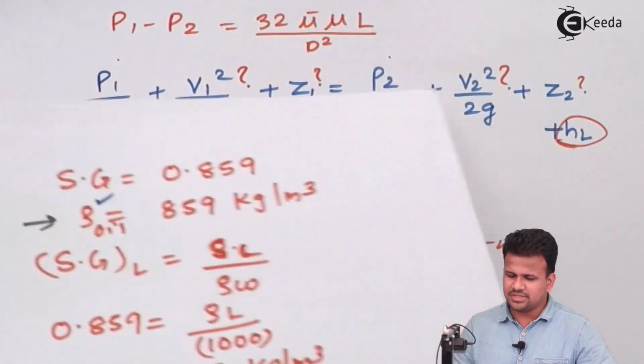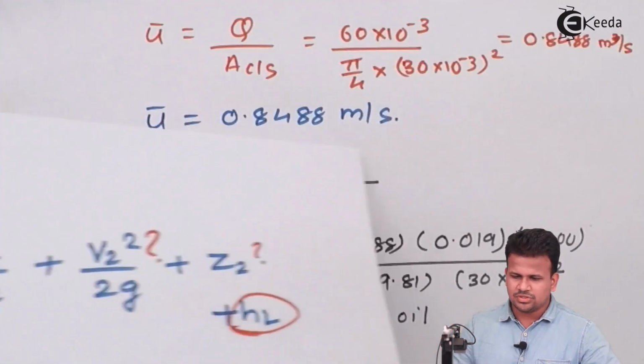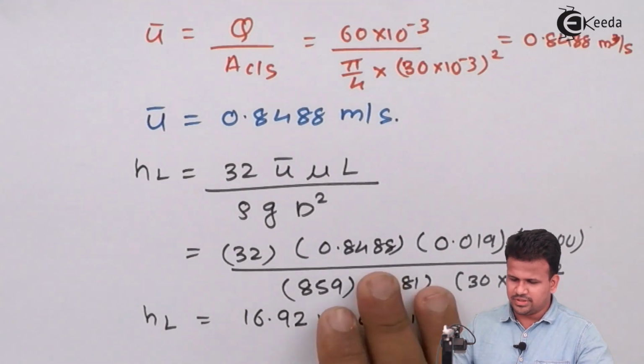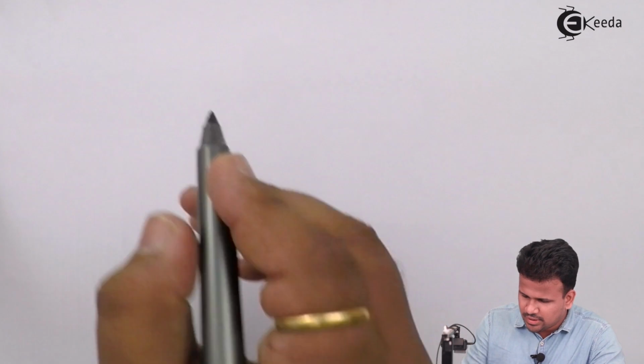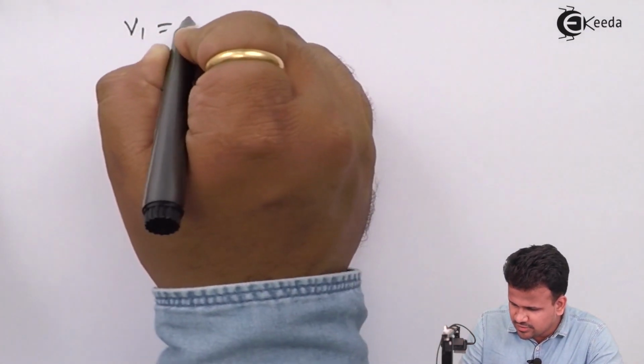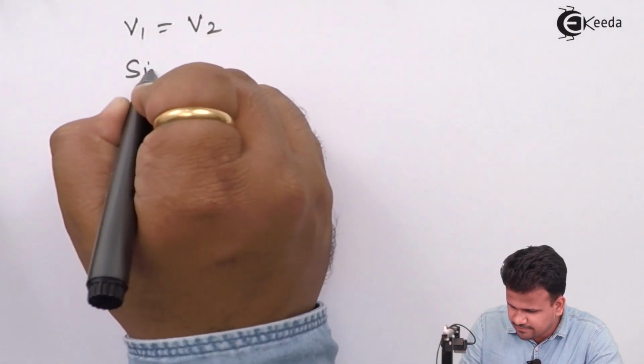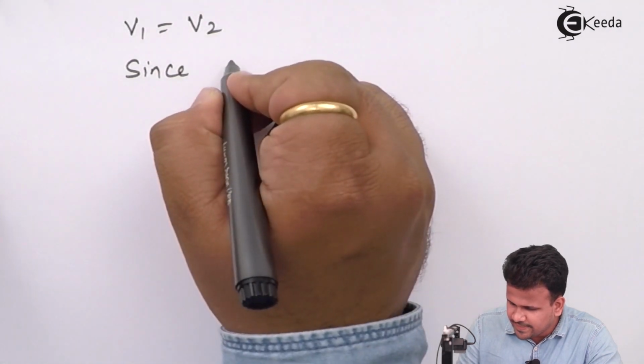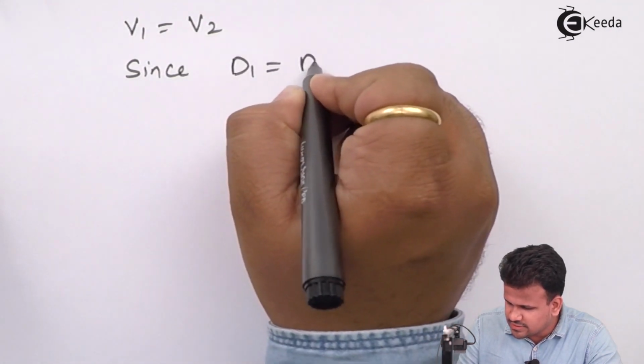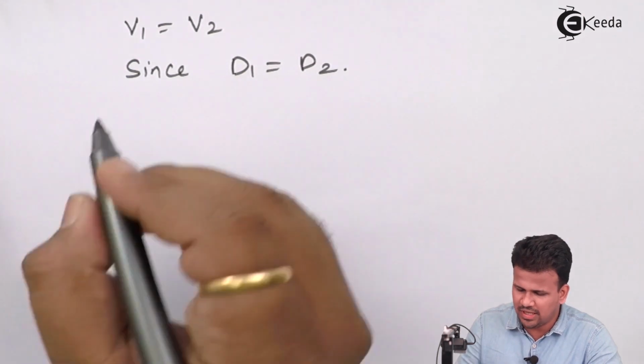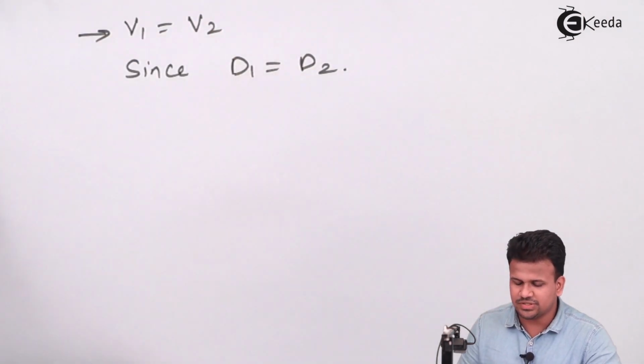So let us represent this in this equation. So what we get over here is V1 is equal to V2 since D1 is equal to D2. So we have taken care of velocity.